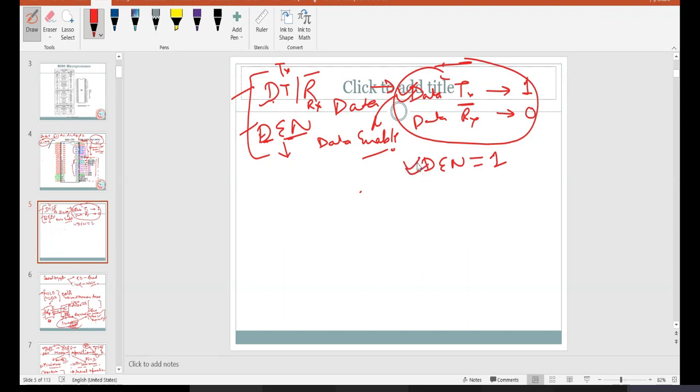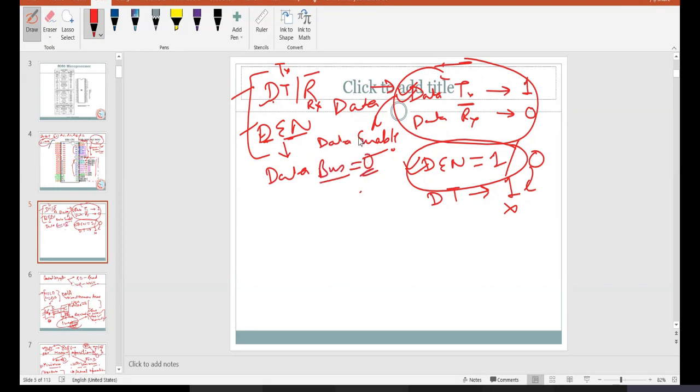The data should always be enabled, then only your DT can be activated. If DEN is already 0, DT will not give you any transmission because there is no enabling of data. So data enabling will activate or enable the data bus for loading the data. So these two work in conjunction.